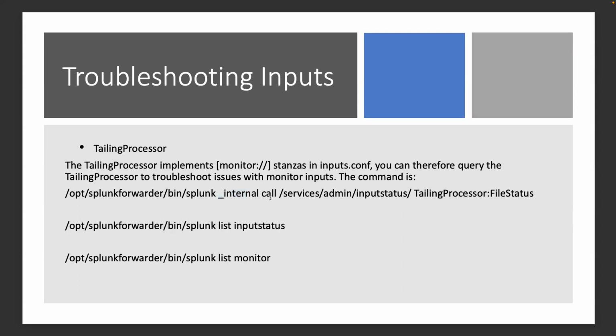So you're querying the internal index and calling the services admin inputstatus, and then you're querying the tailing processor filestatus. You look at all the file status inside of inputs.conf, and it shows you if there was a permission issue, or anything else.